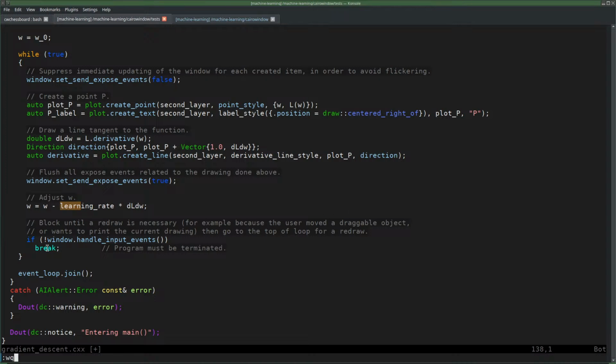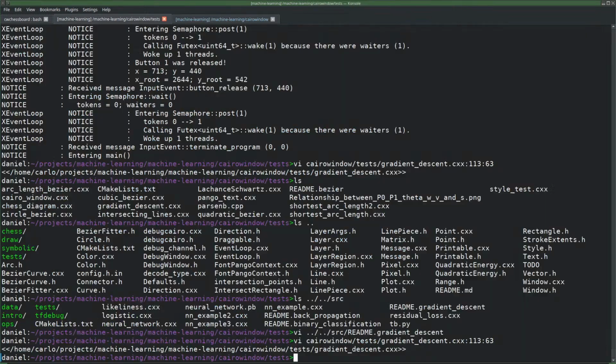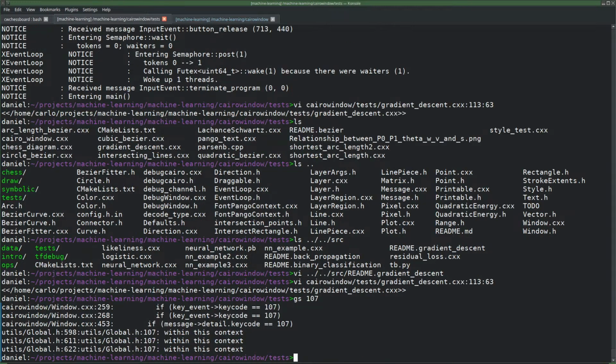Let me fix this handle input events thing to wait for space. Yeah, it's not going to work. Let's just write everything and then grep, well, 107. This is done in the Windows.